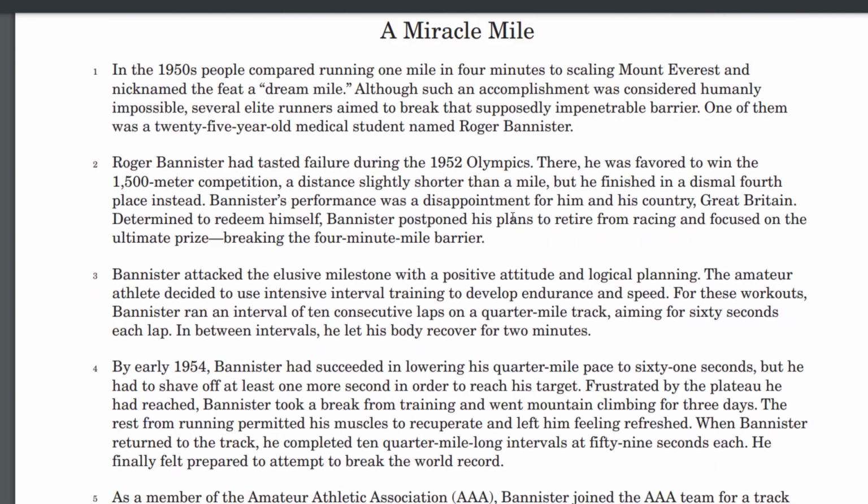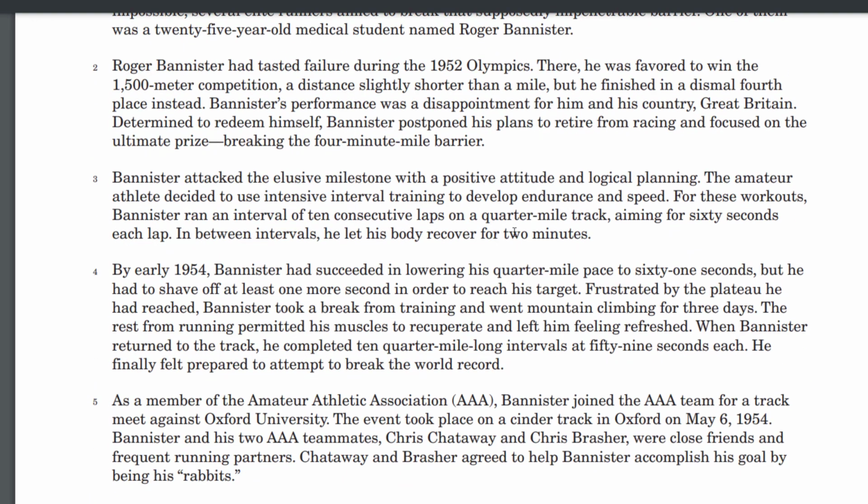And if we go back to look at his training, what is logical planning, what does that mean? Essentially, Bannister attacked the elusive milestone with a positive attitude and logical planning. It tells us what logical planning is. He used intensive interval training to develop endurance and speed. For these workouts, he ran an interval of 10 consecutive laps. So it's telling us what his logical planning was.